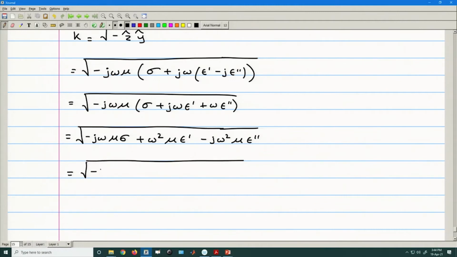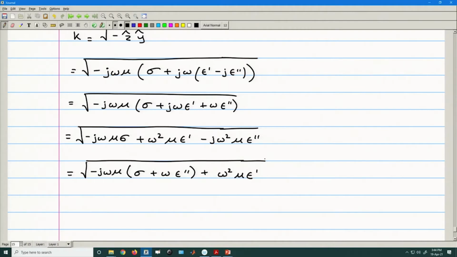So, minus j omega mu we are taking as common, then we will have sigma from the first term itself, then plus from the third term we get omega epsilon double prime. Okay. And the second term we write as plus omega square mu epsilon prime.